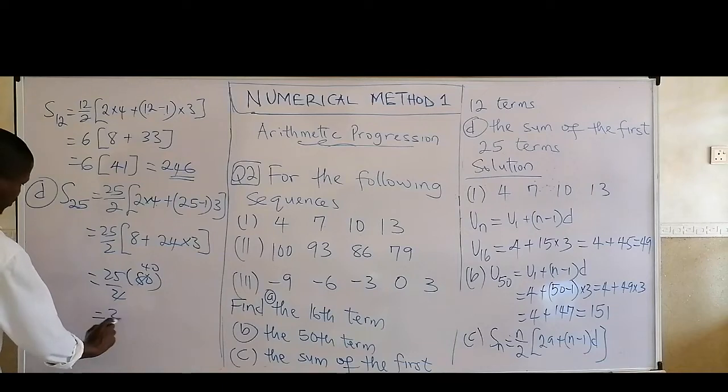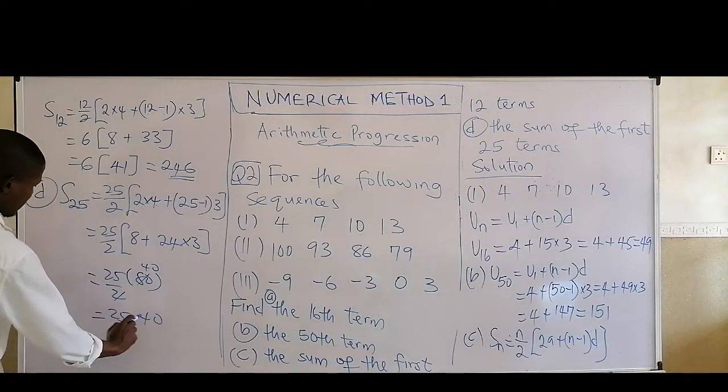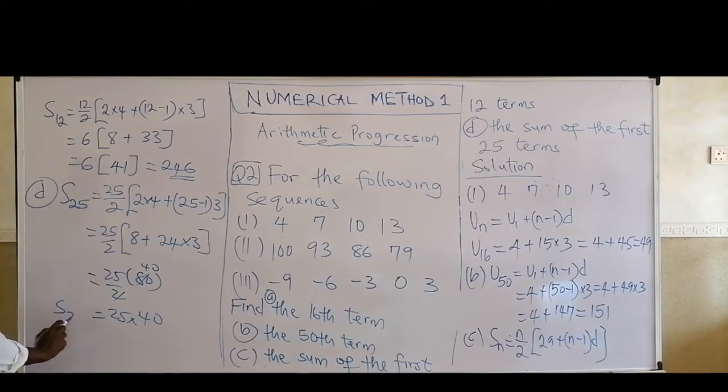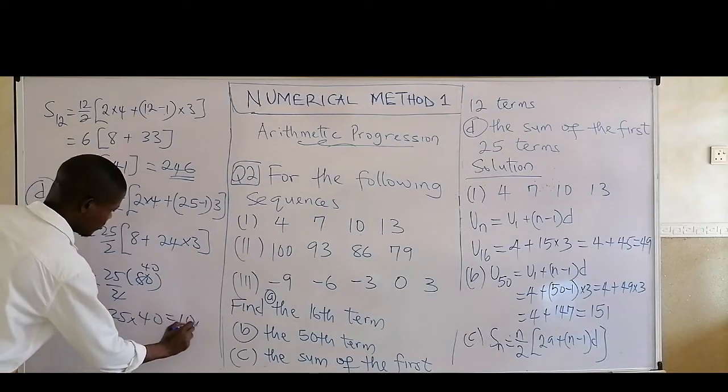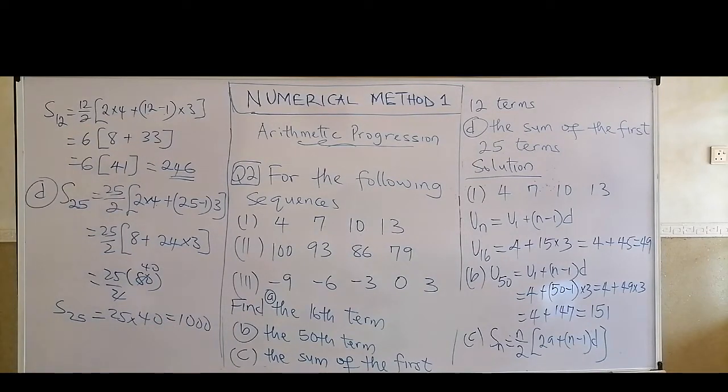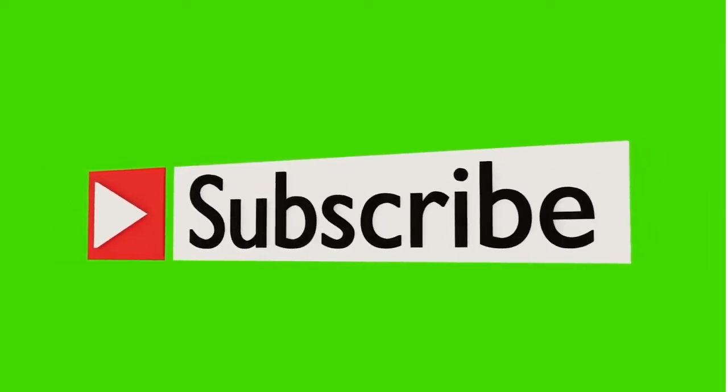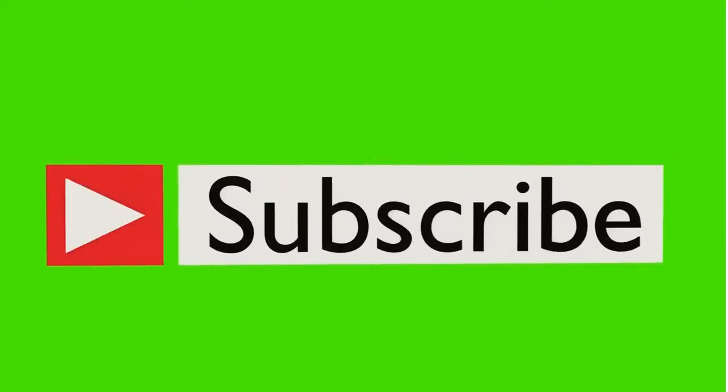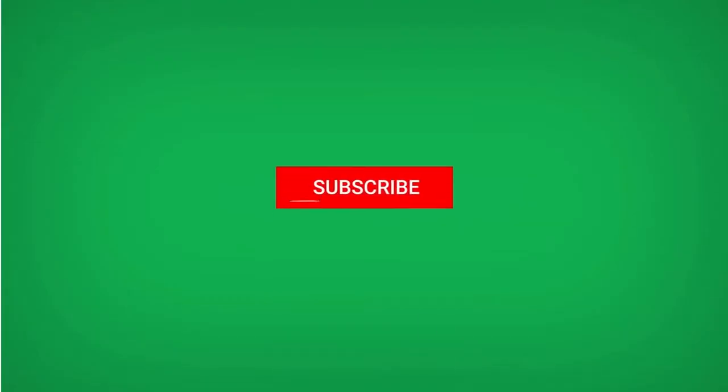So the answer is 25 times 40, for the sum of the 25 terms. 25 times 40, that's 1000. So we've done that. I'll just take the second one, and then you can try the third one. We'll do the second one and repeat the process.